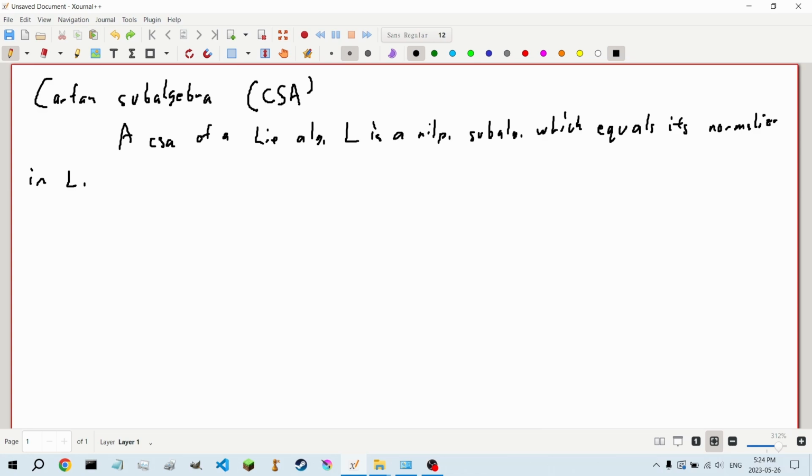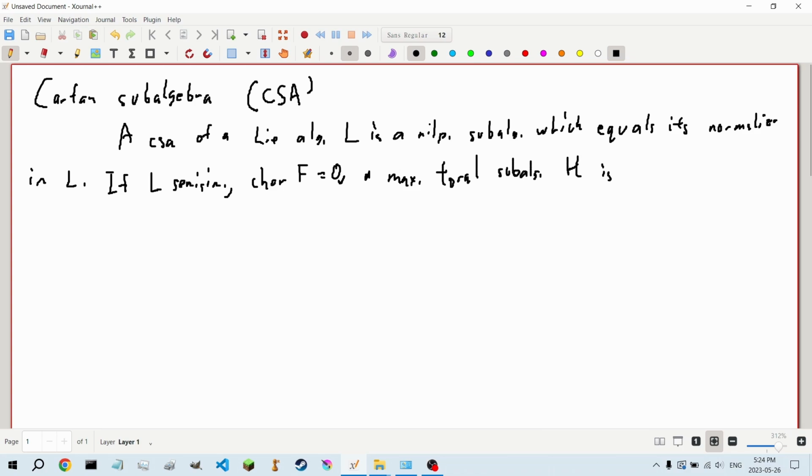But if L is semisimple and over a field of characteristic 0, then a maximal toral subalgebra H is abelian, and hence nilpotent. And then the normalizer in L of H is H.